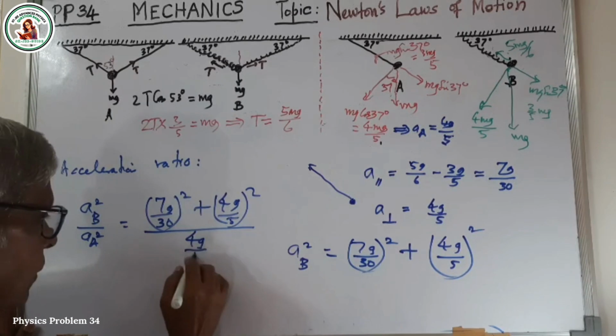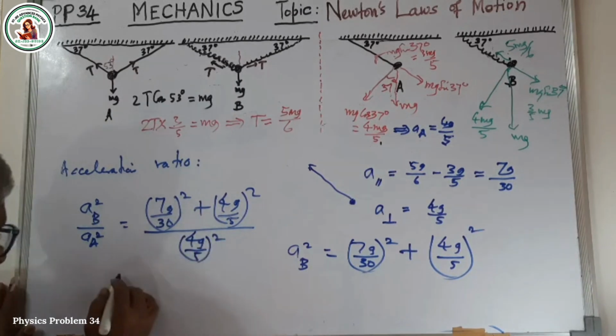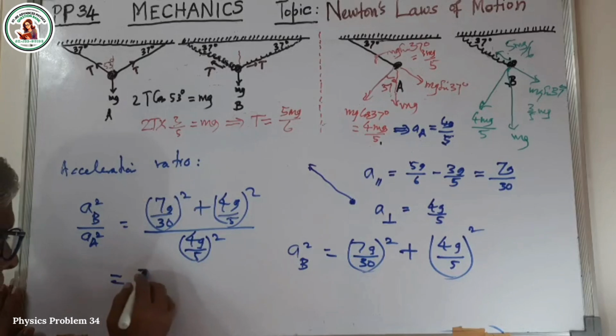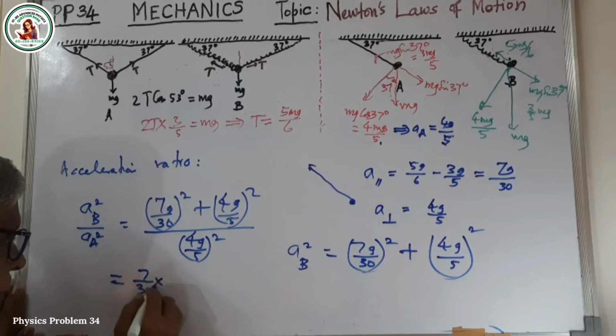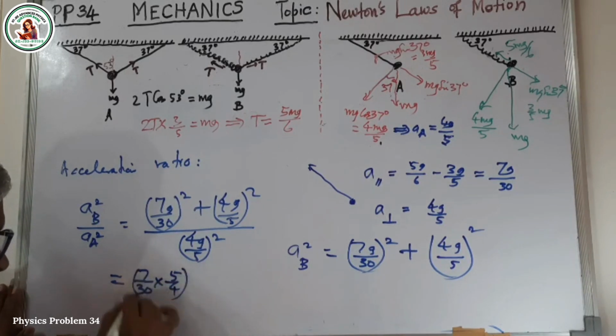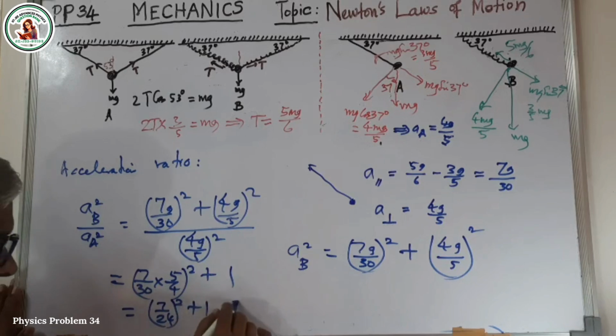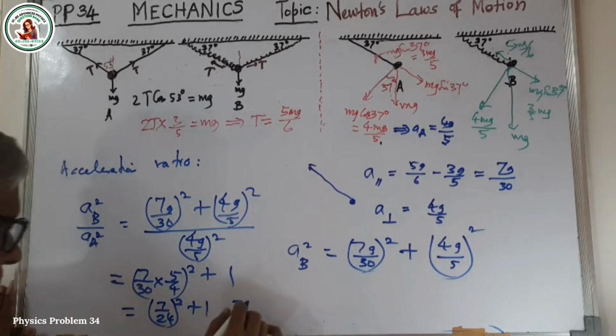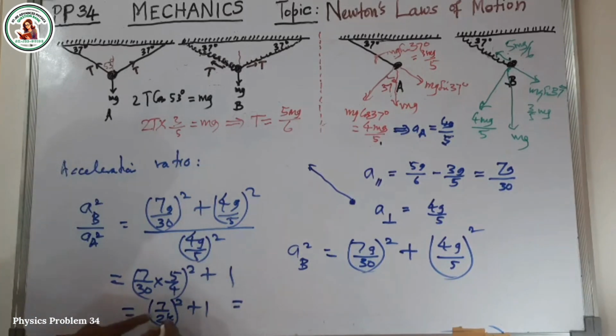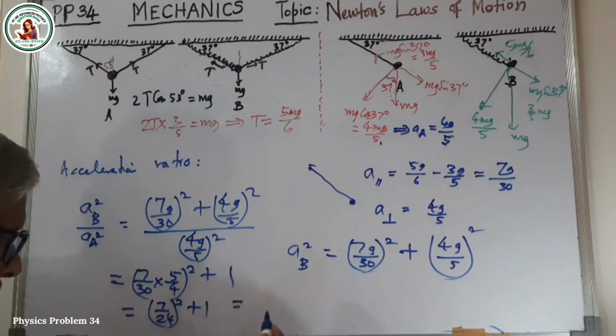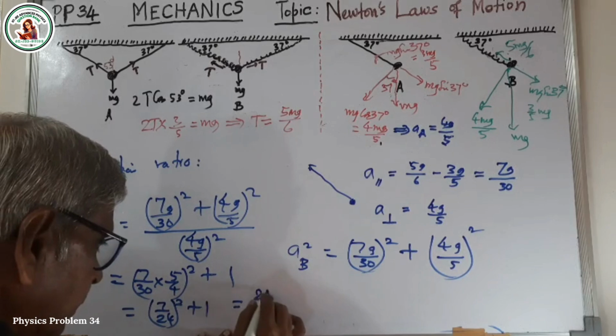Which gives us the square of 7 by 30 times 5 by 4, squared, plus 1, which reduces to (7 by 24) squared plus 1, which is equal to (25 by 24) squared, because 24 squared plus 7 squared is 25 squared.